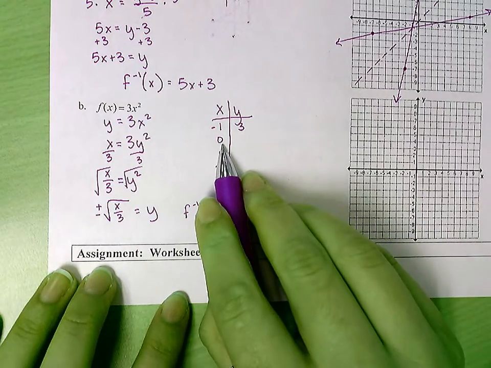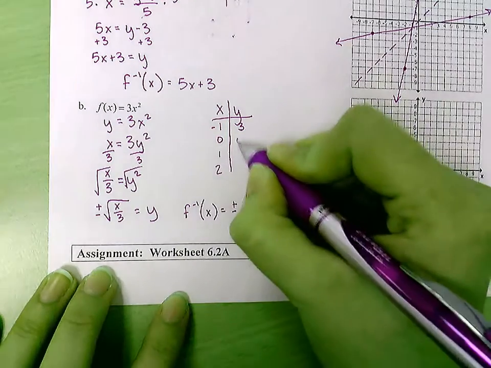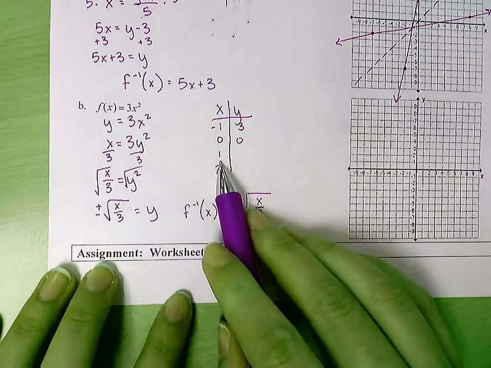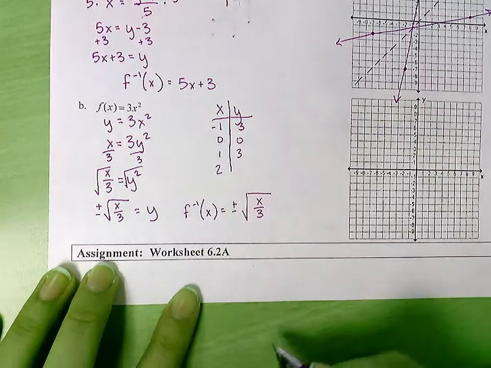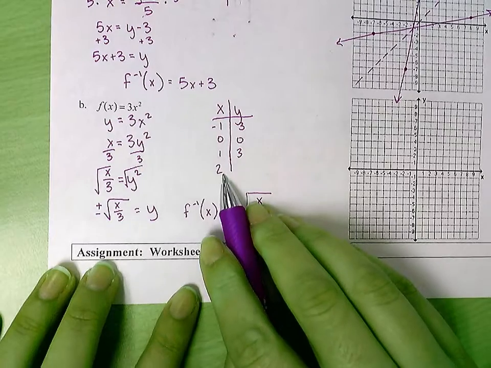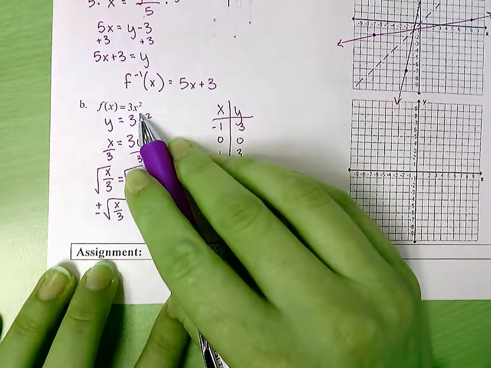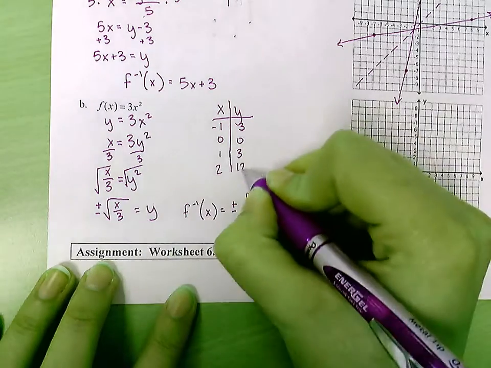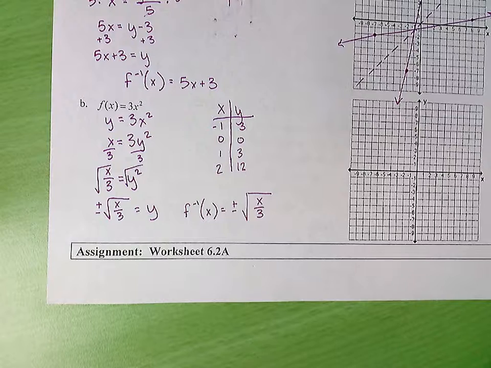Plug in 0 for x, we get 0. Plug in 1, again I get 3. And plug in 2, I have 2 squared, which is 4. 4 times 3 is 12.